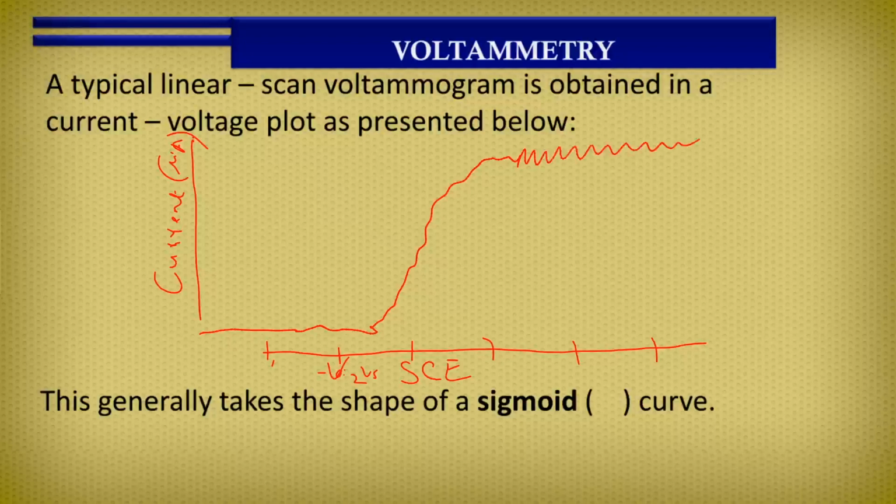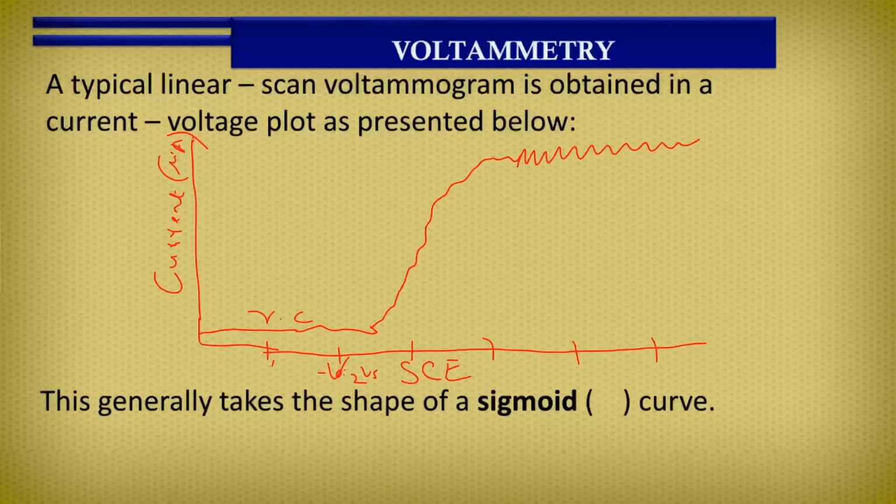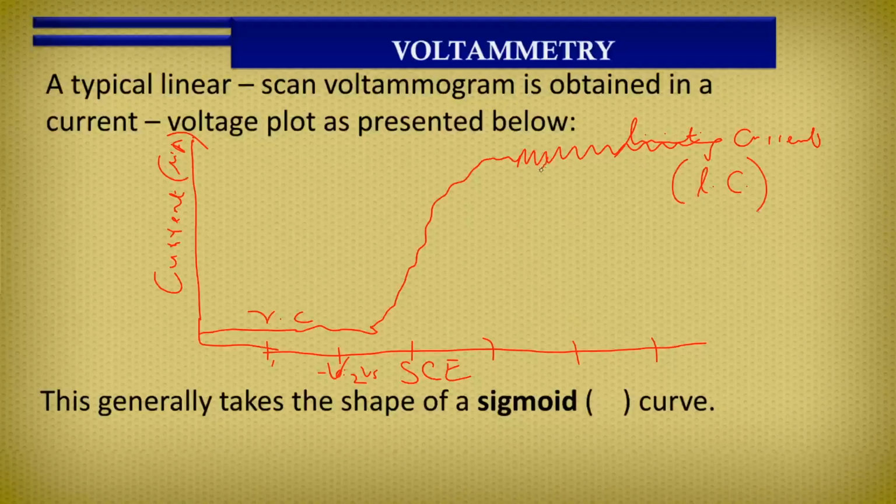This residual current which you observed at the beginning is this. The stage where it becomes constant, you refer to as your limiting current, which is your LC. Between your RC and LC is the range we refer to as the diffusion current, represented by ID.